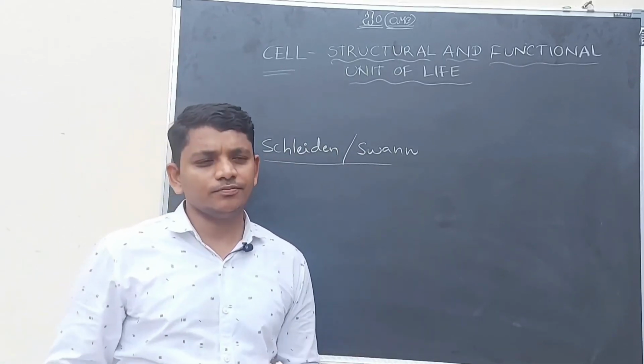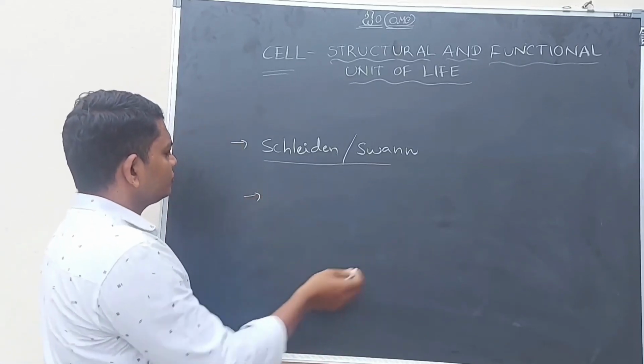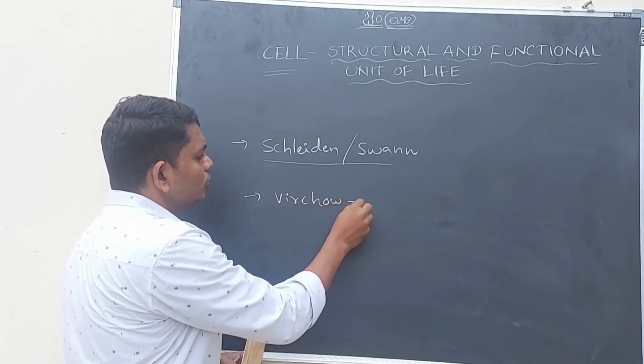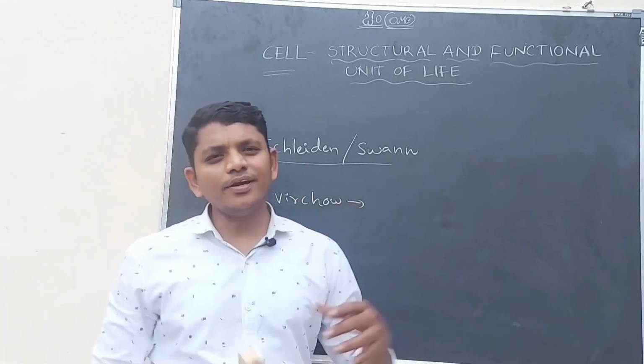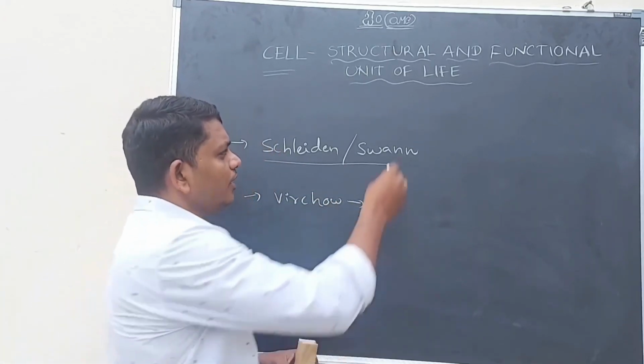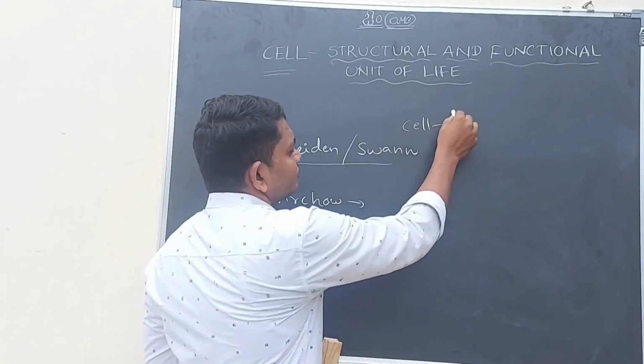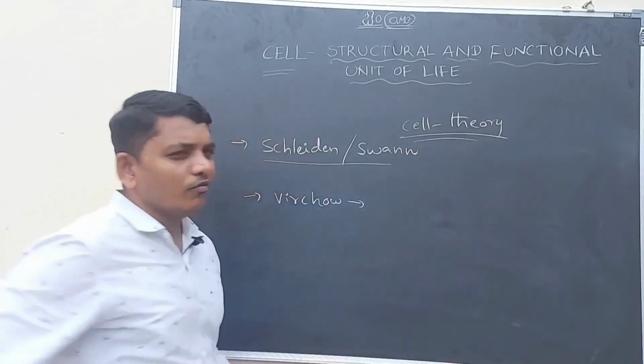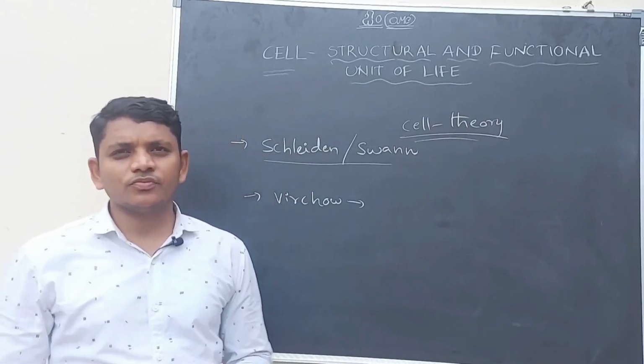After a few years, the scientist Virchow expanded the cell theory again. What is his expansion?